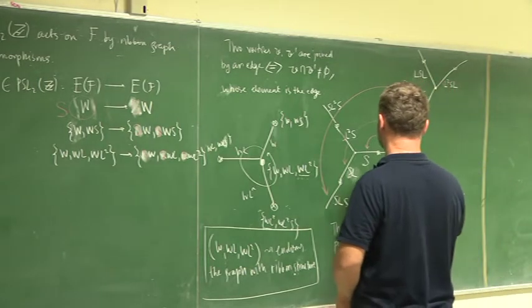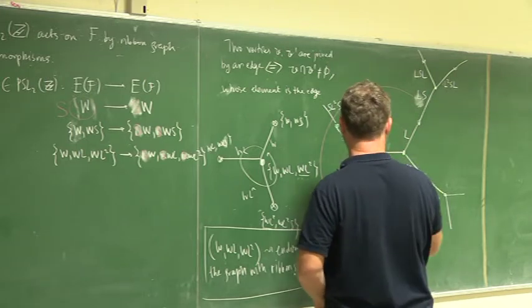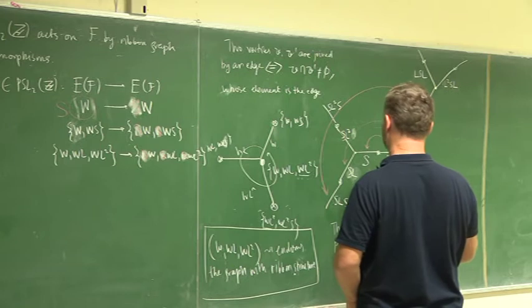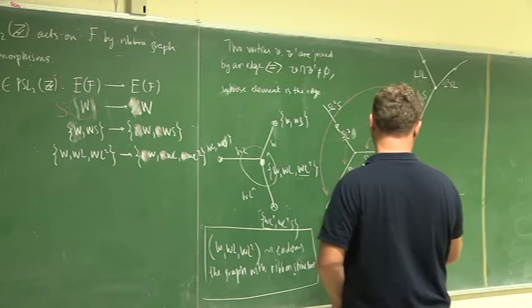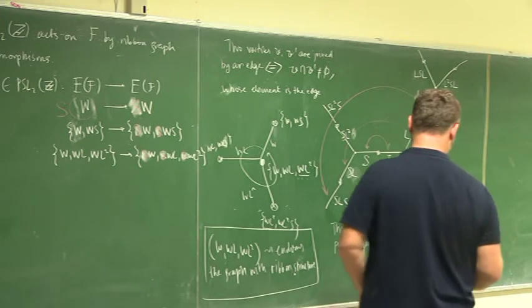L square S, so this should be S L square. Should be L S L square. S L square S. And this should be L square S.